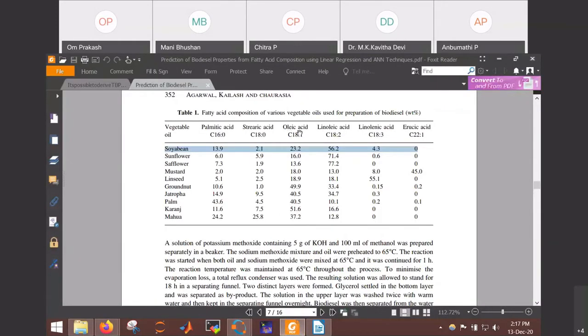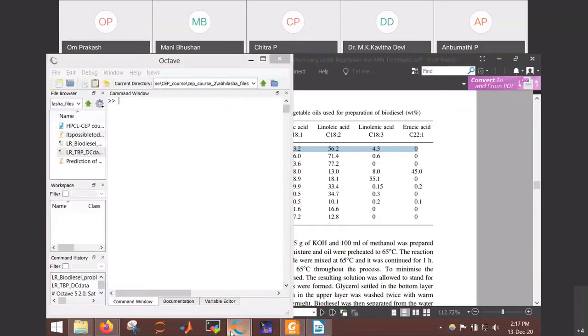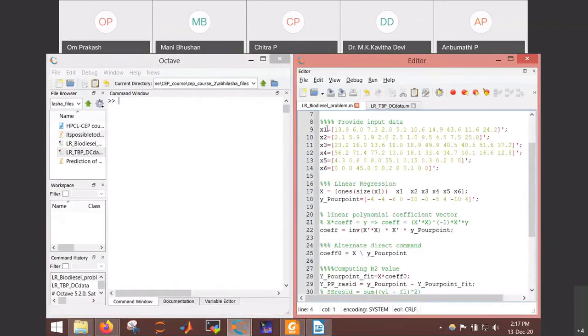So I have 6 fatty acids, okay, and 10 different types of biodiesel. So I have these six types of fatty acids, and these are my biodiesels, okay, and these are actually column vectors.